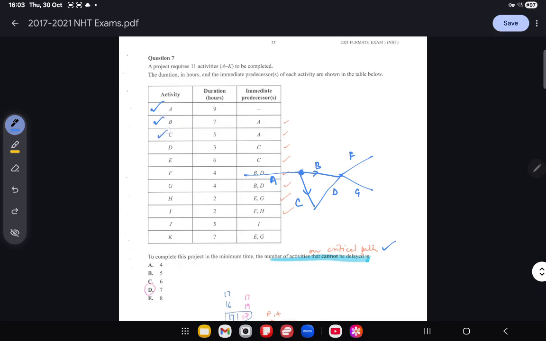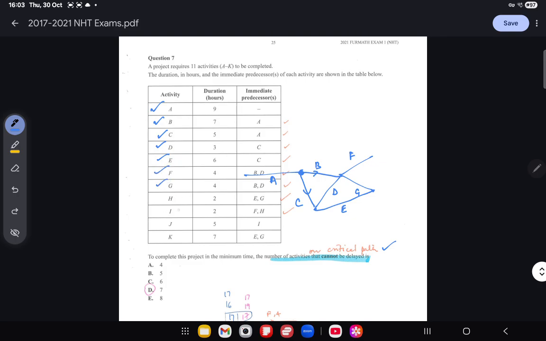C, the immediate predecessor is A, is completed. And D, the immediate predecessor is C, has been drawn. E, the immediate predecessor is C. And if you look down the table, you'll find E and G are both predecessors for H. So take this particular edge taking off from C towards G, and that will be your E. F we've drawn already.